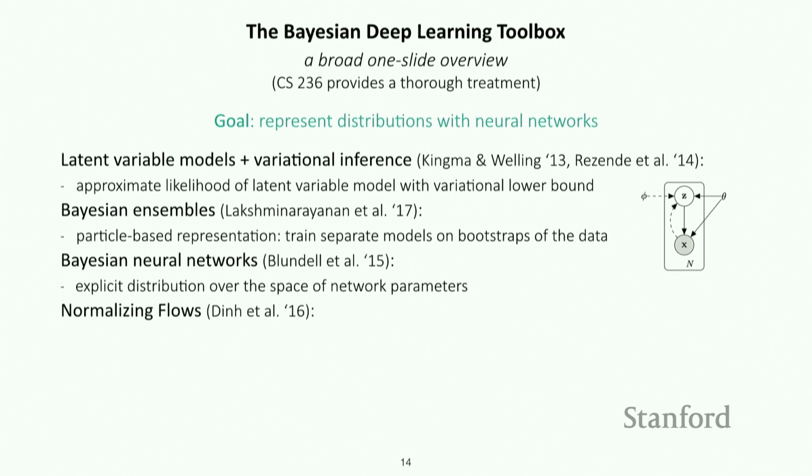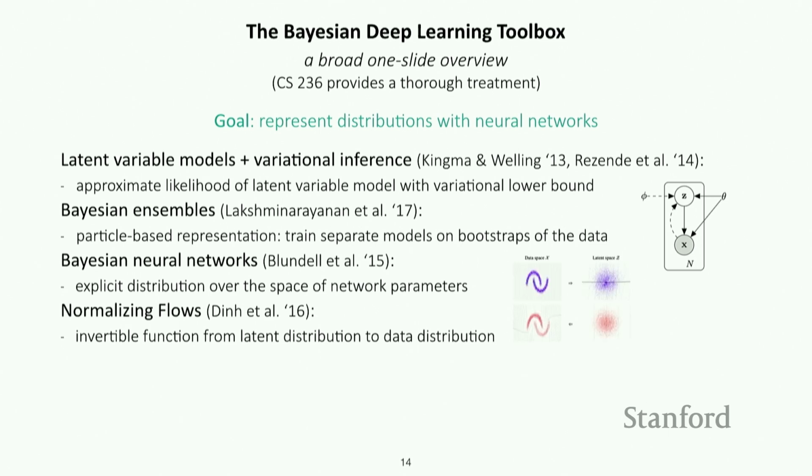There are also things like normalizing flows that represent a data distribution by inverting some latent distribution into your data distribution, transforming from latent space into your data space and back into your latent space. These have been pretty successful for a wide range of applications.